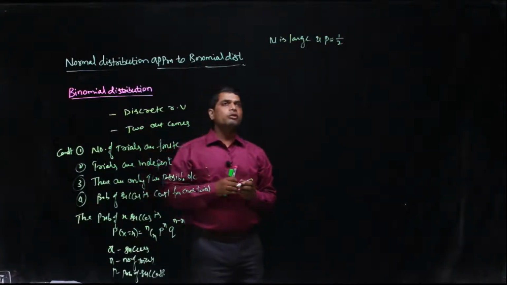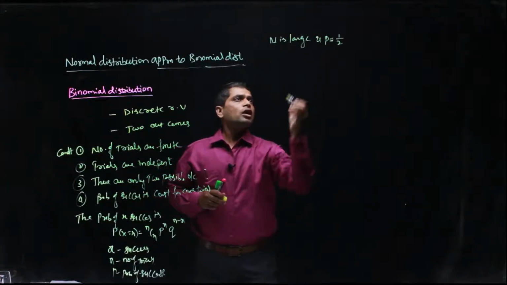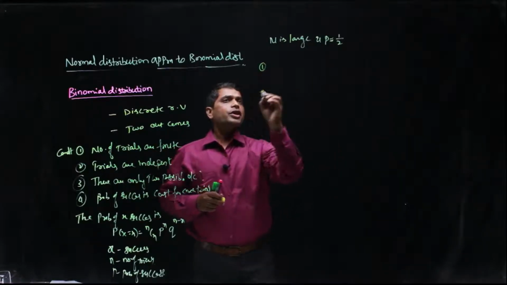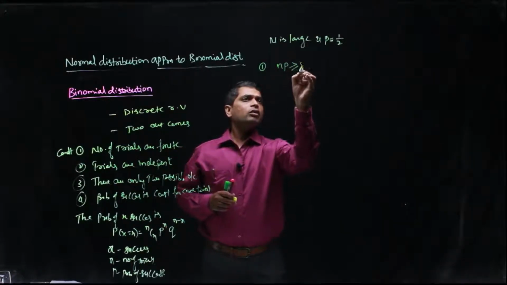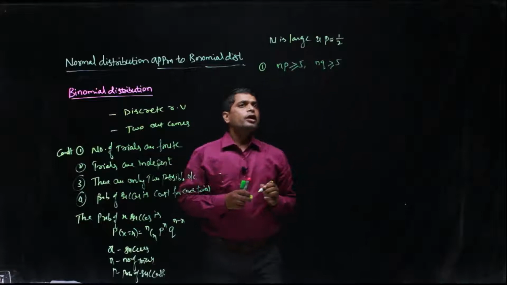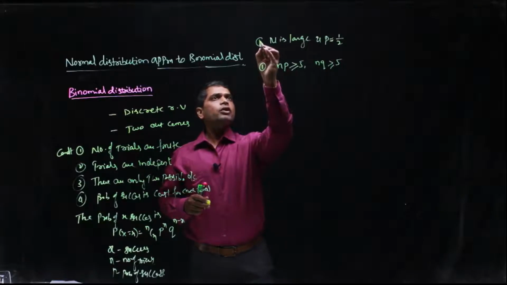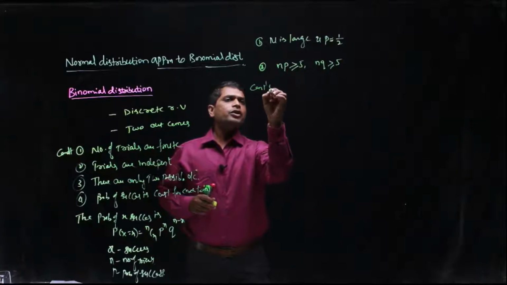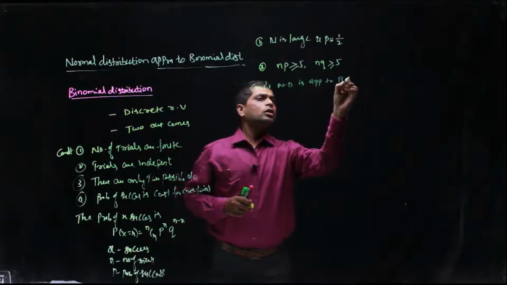When n is large, and if the condition np greater than or equal to 5 and nq greater than or equal to 5 is satisfied, then the continuous normal distribution can approximate the binomial distribution.